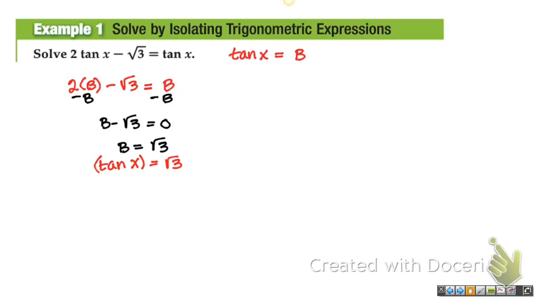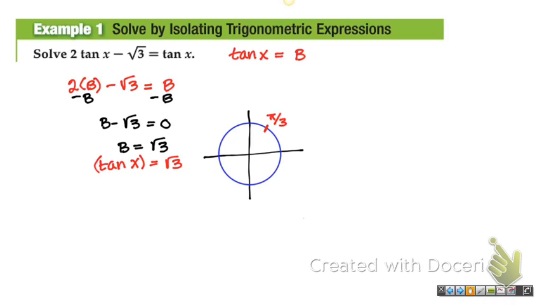So here's the question now. Here's the unit circle. Which values of x have a tangent of root 3? There's one right there. Pi over 3 has a tangent of root 3. The other place where the tangent is positive is in the third quadrant.